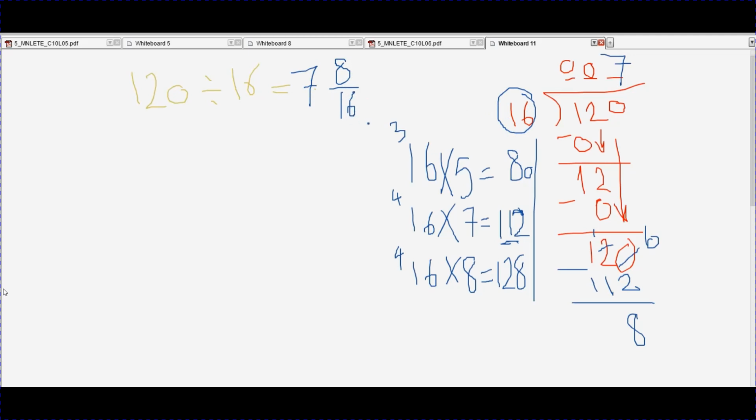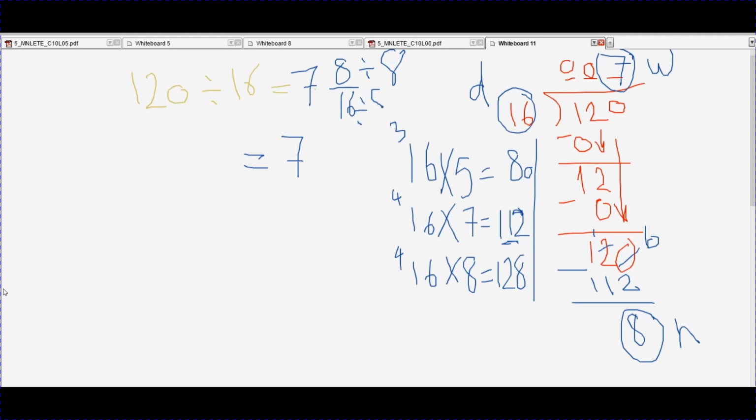How can we convert this division into a mixed number? The whole number is 7, so 7 is the whole, 8 is the numerator, and 16 here is the denominator. So we have 7 and 8 over 16, but that's not in the simplest form, so we can write it in simplest form.